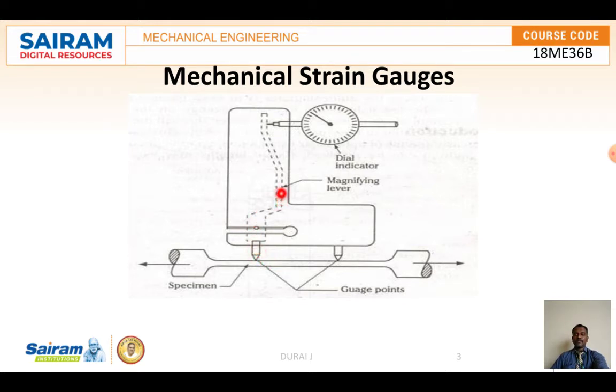According to that, the magnifying lever deflects, and with the help of the dial gauge, how much it deflects is noted down. In this way the mechanical strain gauges work.